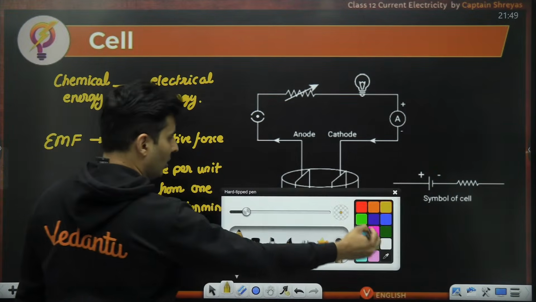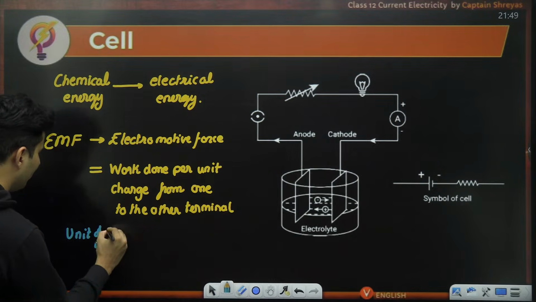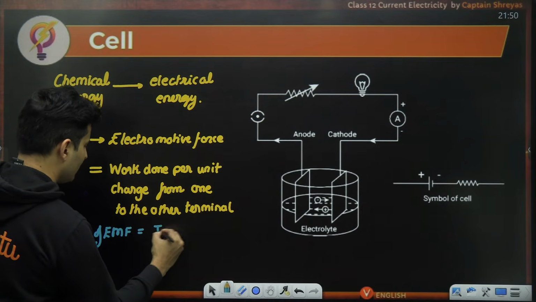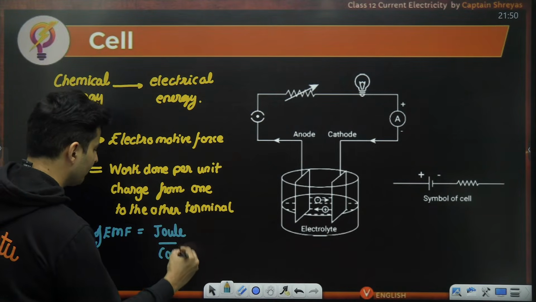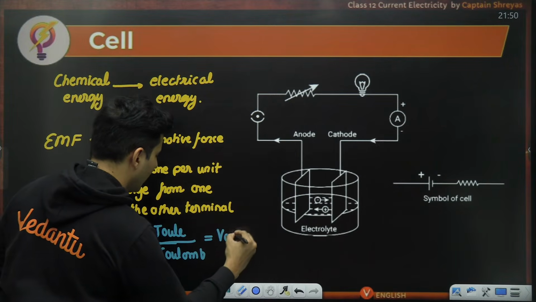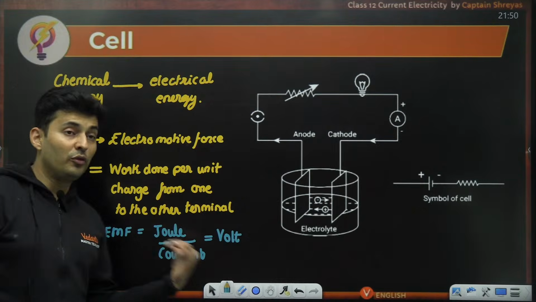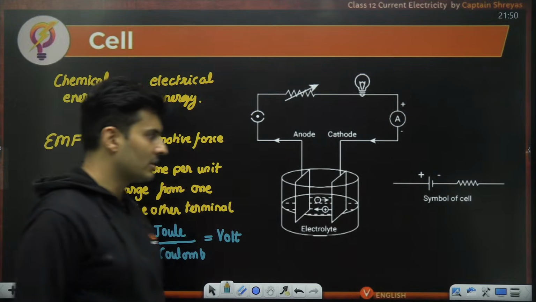And that is also the reason why the unit of EMF is work done, which is joule per unit charge, which is joule per coulomb, which we also call the volt. So force might be misleading. It's not newtons, it is volts.